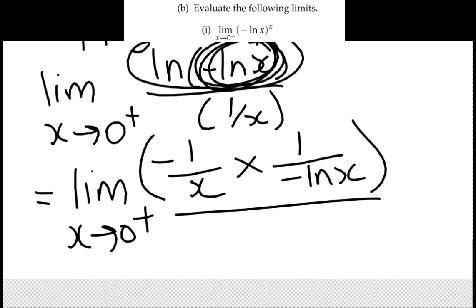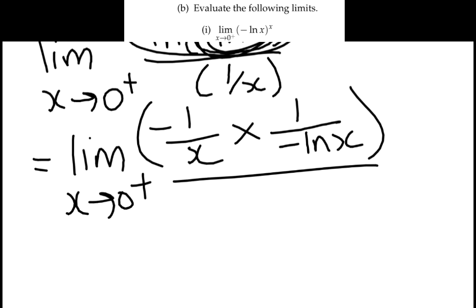Now we can move down towards the denominator. The derivative of 1 over x, that can be rewritten as x to the power of negative 1. When we take the derivative of x to the power of negative 1, the negative 1 comes to the front, and we can subtract 1 from the power. So what we get is negative 1 over x squared.